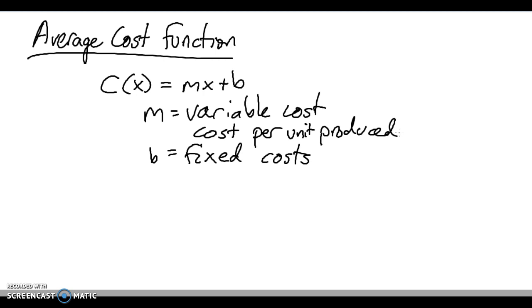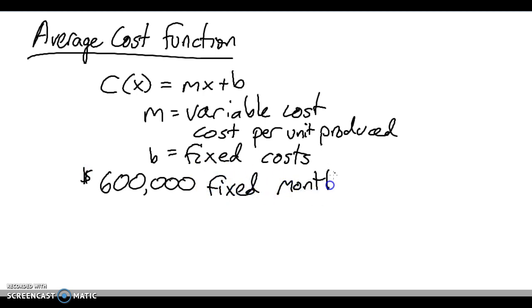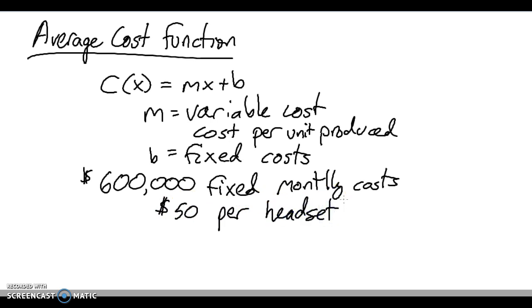For instance, we might have a company with $600,000 in fixed monthly costs, and let's say this company produces headsets of some kind that cost $50 each to produce as a variable cost.